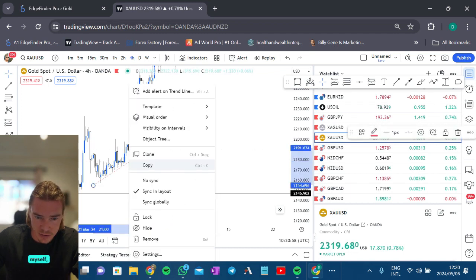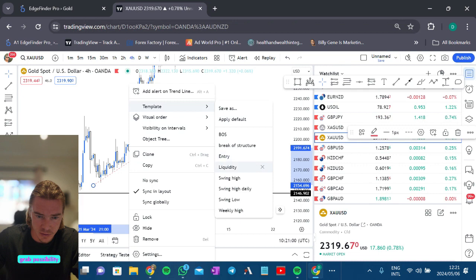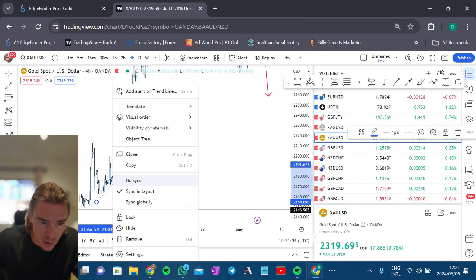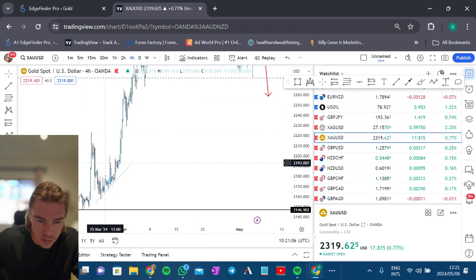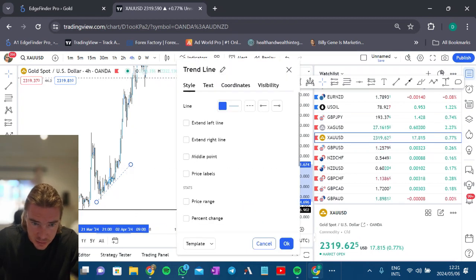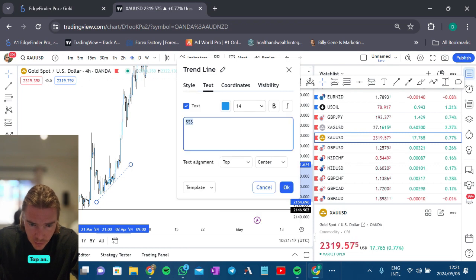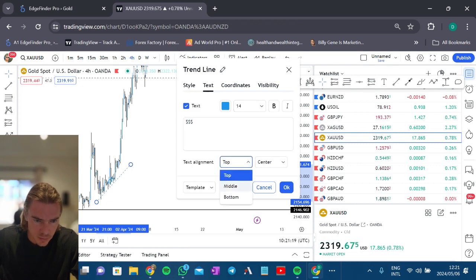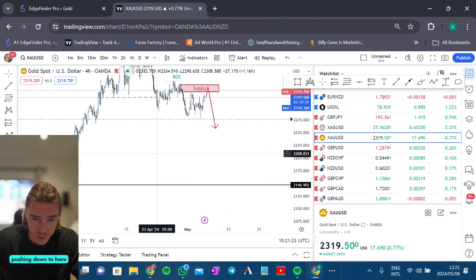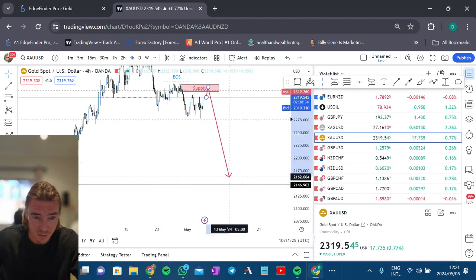So I'll remind myself, hey, listen, there's a liquidity grab possibility here. Sweet. So now, guys, I know the possibility of this pushing down to here is there.